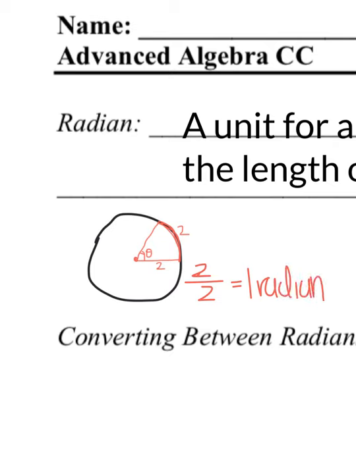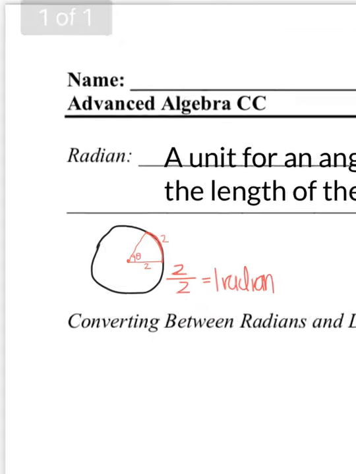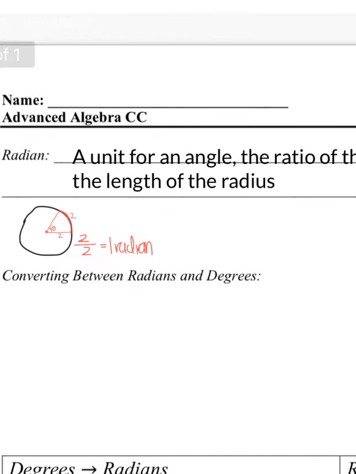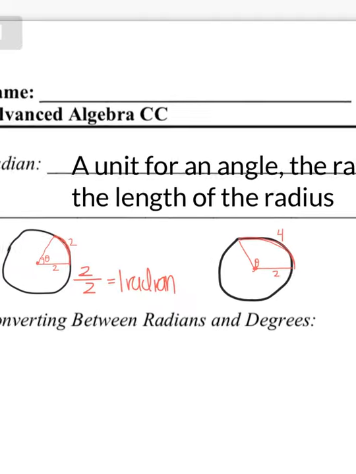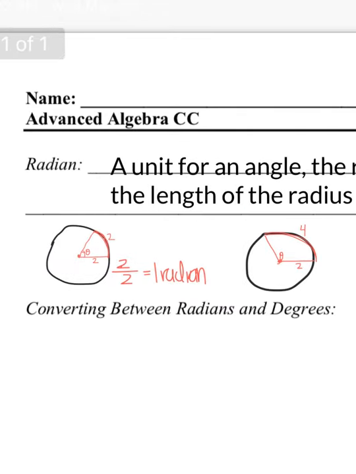1 radian. These are A's, not U's. Let's say I have this circle here, and we'll say that the radius is also 2. But now instead of the intercepted arc being 2, let's double it and say that the intercepted arc is 4. Again, this is just an approximation, but you see how the arc is doubled in size?